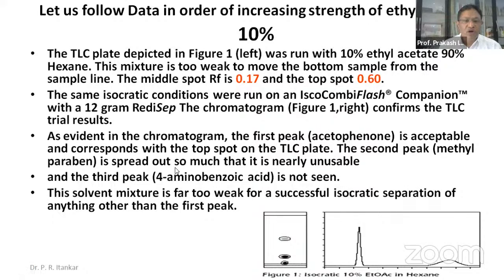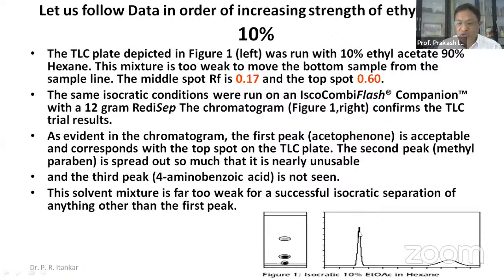Through the literature, we know that the first spot is acetophenone, the second is methylparaben, and the third is 4-aminobenzoic acid. Now, what we have got on flash chromatography is in the form of a peak. The peak that you are able to see in this graph is of the first spot, that is acetophenone.